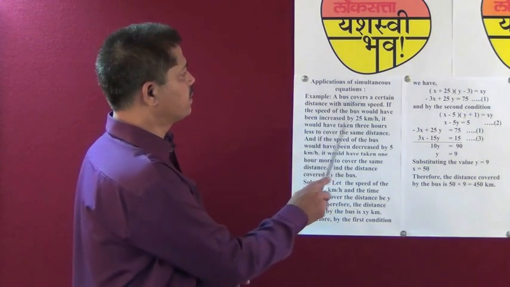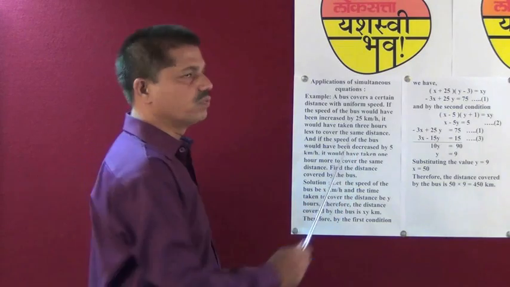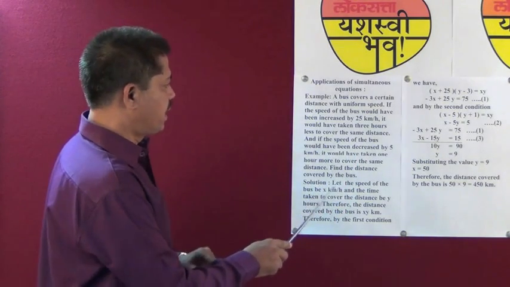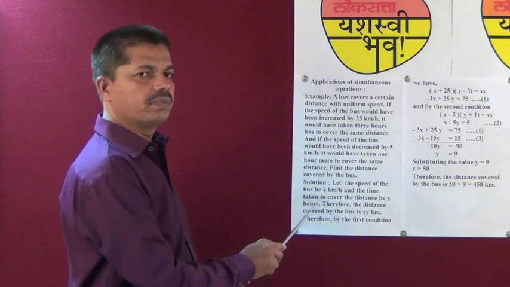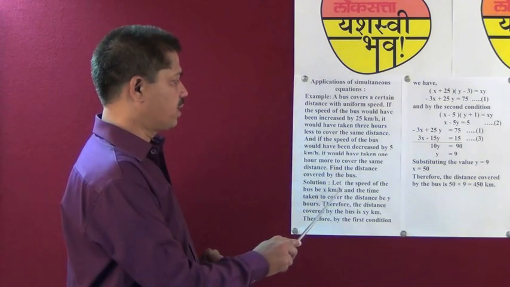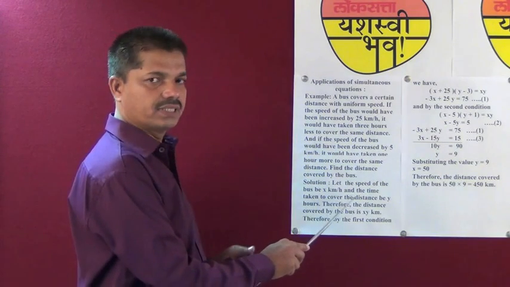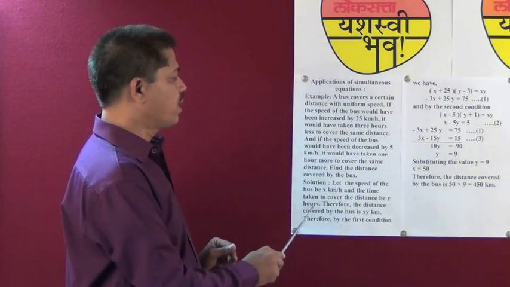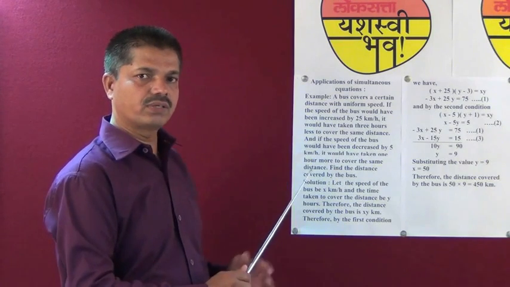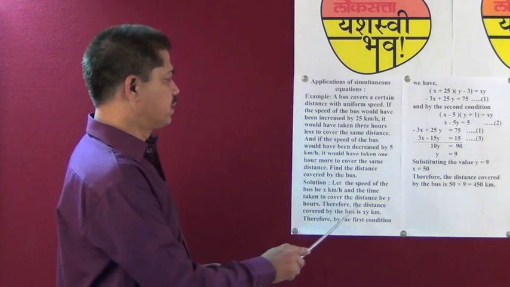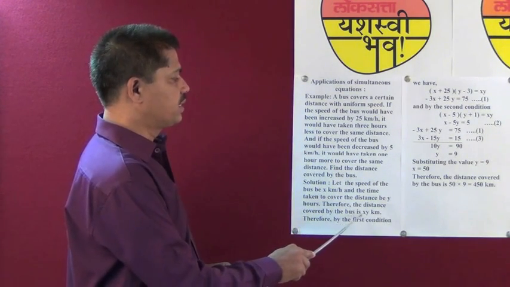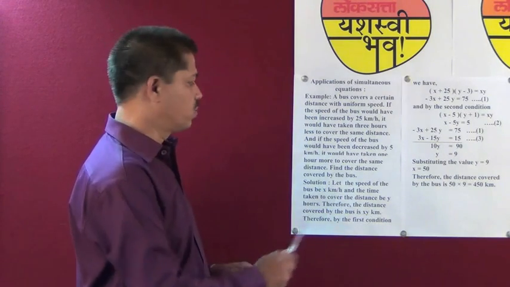Let us see. A bus covers a certain distance with uniform speed. Now let the speed of this bus be x km per hour and the time taken to cover this distance be y hours. Therefore, according to the formula, we get the distance covered by the bus is xy kilometers.